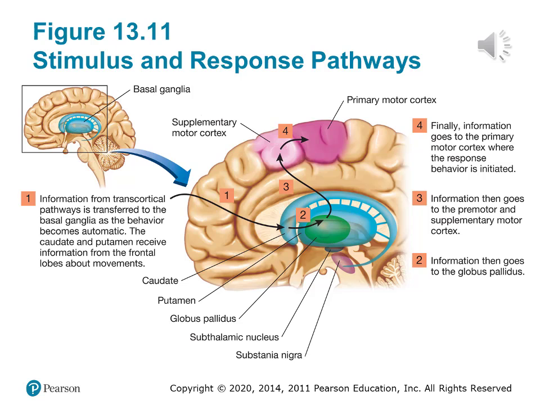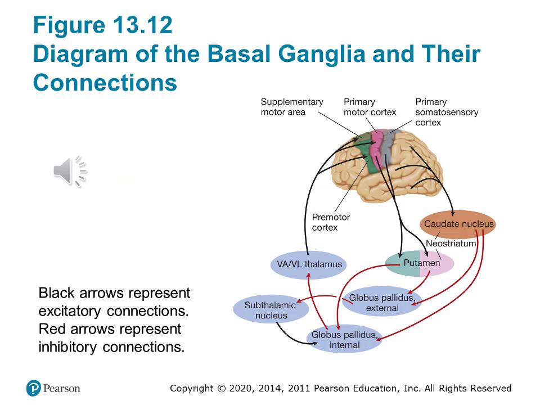There are two major pathways, the direct transcortical connections and then also the connections through the basal ganglia and the thalamus. The basal ganglia has many notable connections that are involved in the processing of learning and memory.